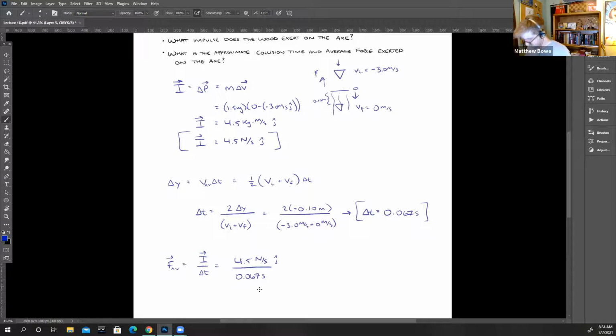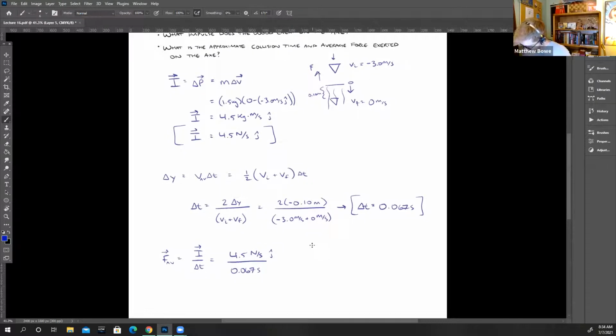You can see why I made this into newtons at the top. We have an average force of about 67.2 newtons in the j hat direction.